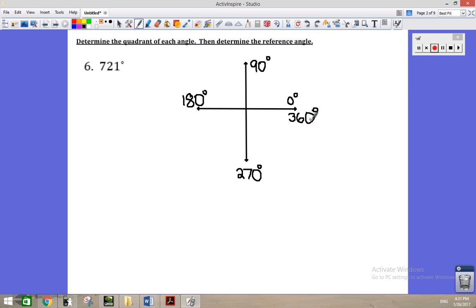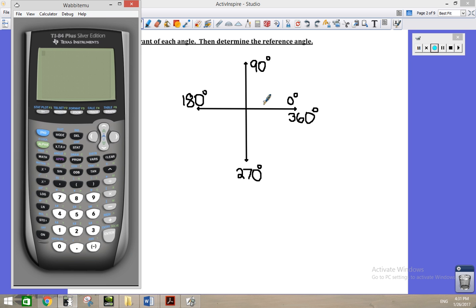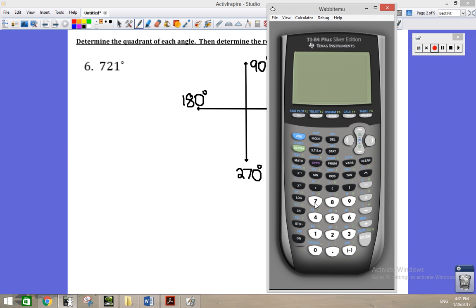721 is bigger than 360, so I have to think in terms of coterminal angles. Coterminal angles have the same initial side and the same terminal side. If I start with 721 and subtract 360, I'm still above 360.